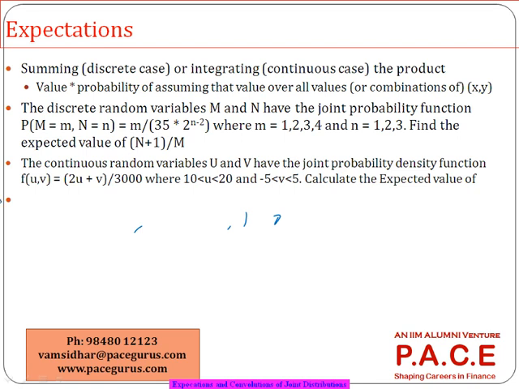Integrate this between 10 and 20, integrate this between minus 5 and 5, take the value 2u plus v by 3000. Whatever expected value he is asking, if he is asking the expected value of uv, multiply this by uv and do the integration. If he is asking for u squared plus v squared, you multiply that with u squared plus v squared and then do the integration.